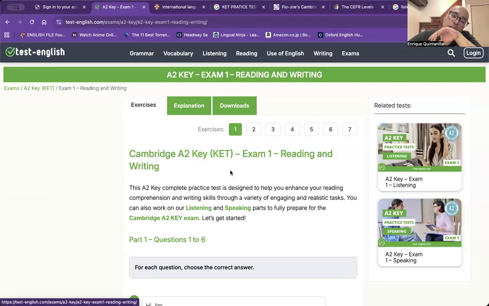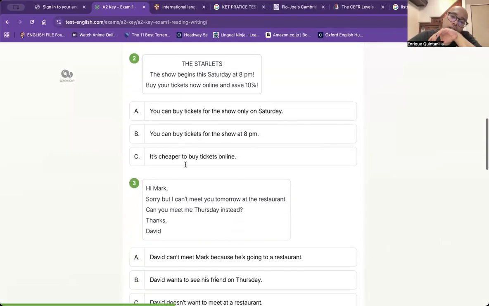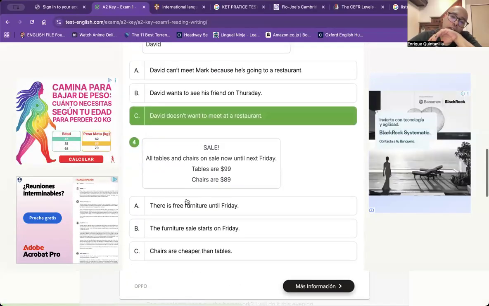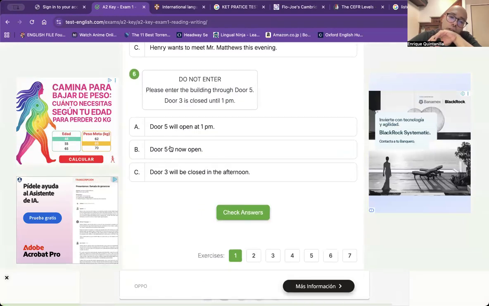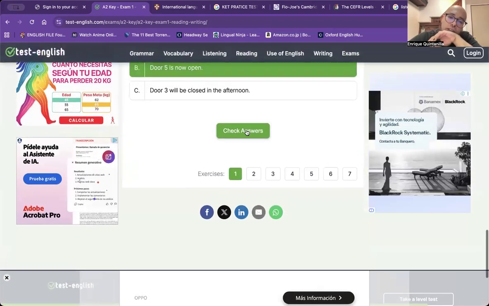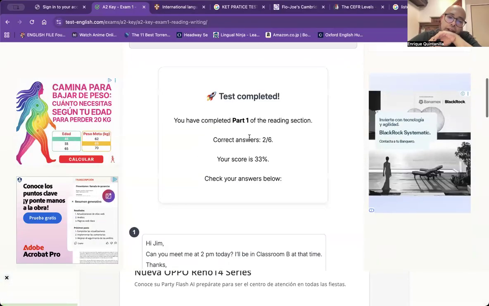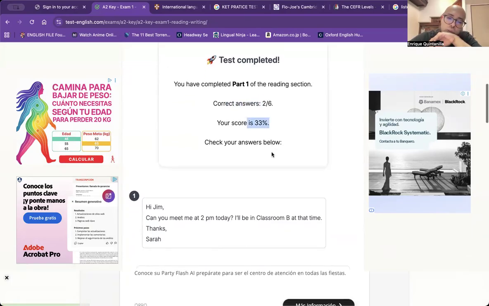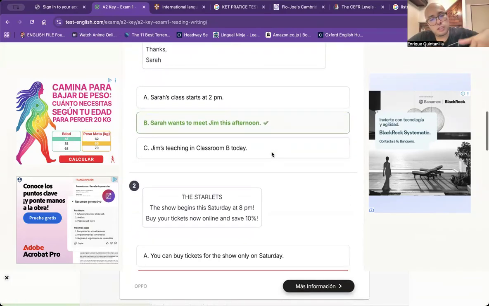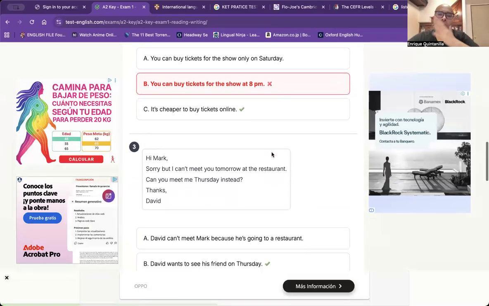Entonces, afortunadamente en este sitio web tienen que elegir las respuestas. Ya cuando terminemos, when you finish the part of this exam, you check answers y ya te dice aquí, correct answers 2 out of 6, ¿no? Your score is 33% y ya te da las respuestas correctas y en qué estuviste mal.